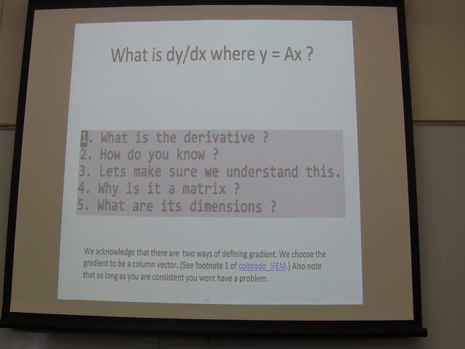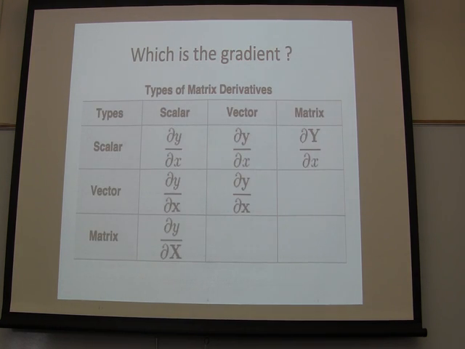I'm going to go over these formulas now. Okay, first, let's talk about the gradient. The gradient in the notes is basically the vector that collects partial derivatives of a scalar with respect to a vector.